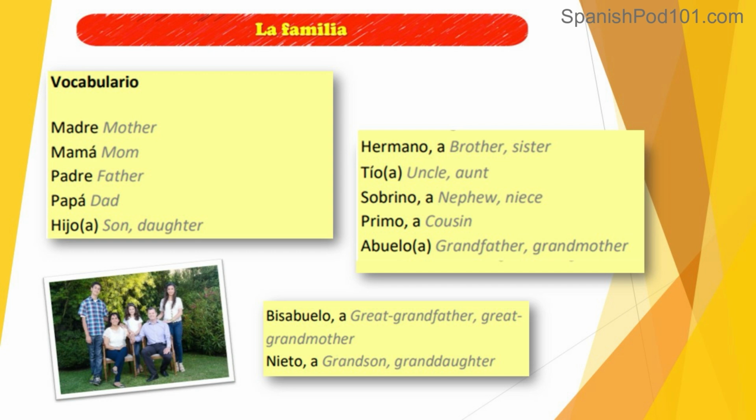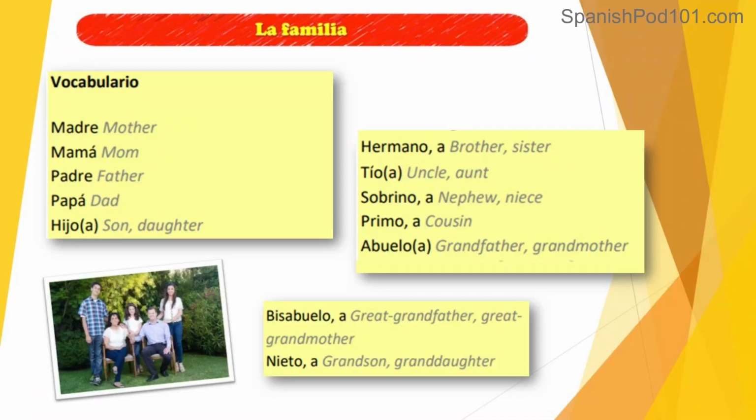Hijo, hija. Remember, in Spanish the H is silent, so as you can see in hijo and hija, we don't pronounce the H here. It's not "hijo" or "hija," it's just hijo, hija.